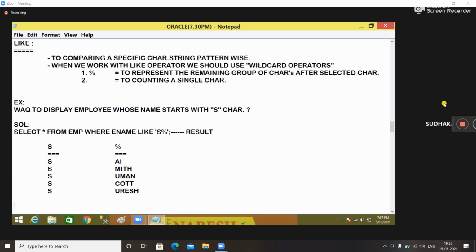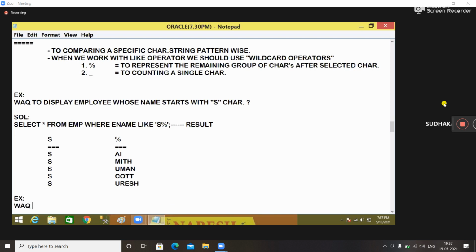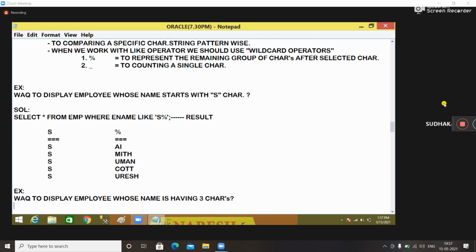For example, one more example: write a query to display employees whose name has three characters.